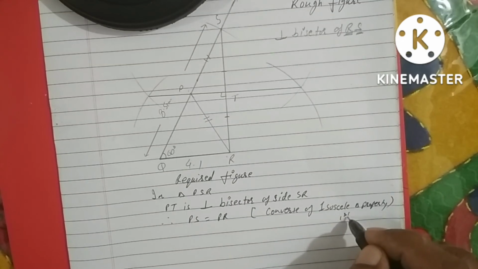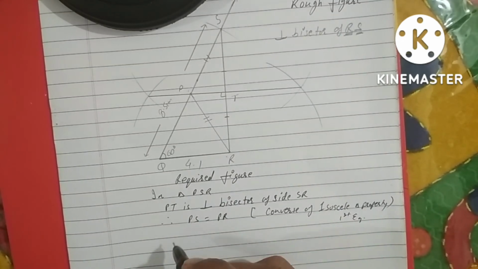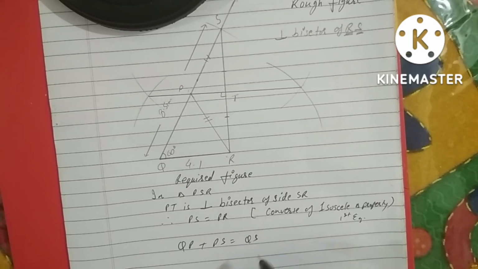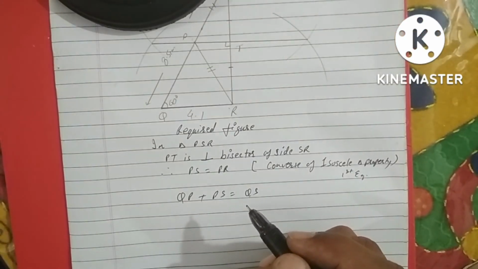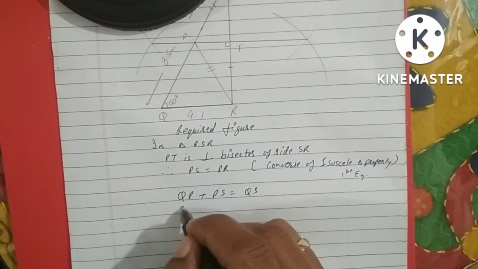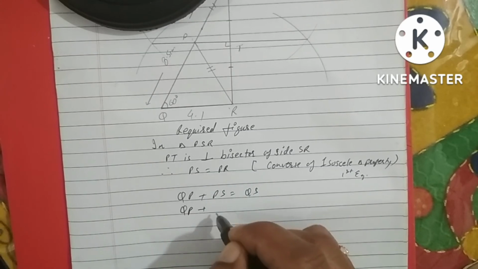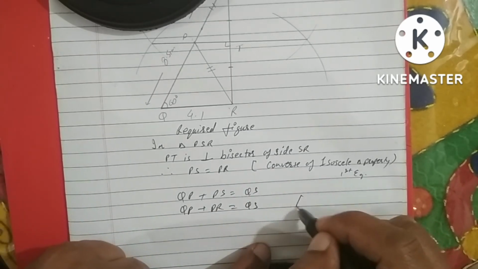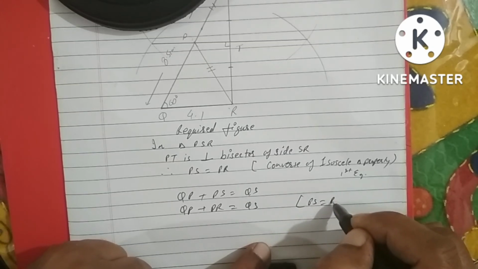Let me name it as the first equation. Now I know that QP plus PS is equal to QS. Now we also know that QP plus PR equals QS. Why? Because PS is equal to PR.